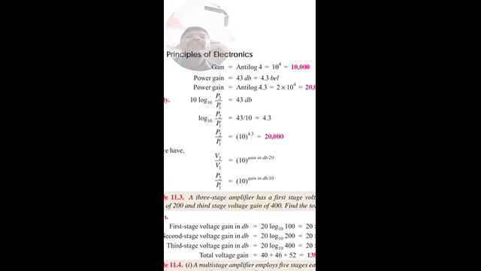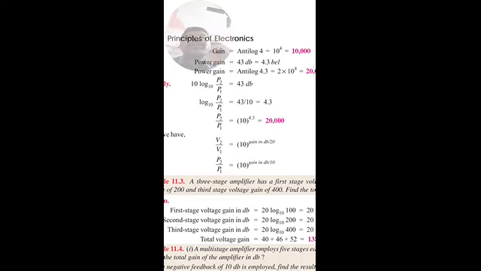So 10 log of P out by P in is equal to 43 dB. 10 log P out by P in is equal to 43, divided by 10, that is 4.3. So P2 by P1 is equal to 10 to the power of 4.3, that is 20,000.